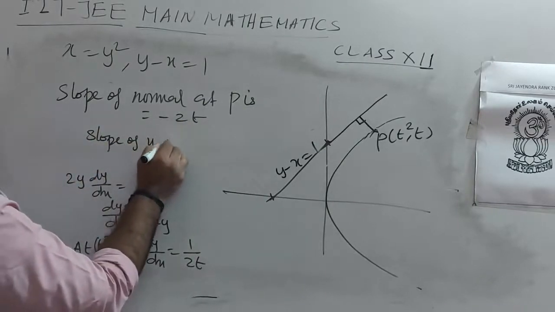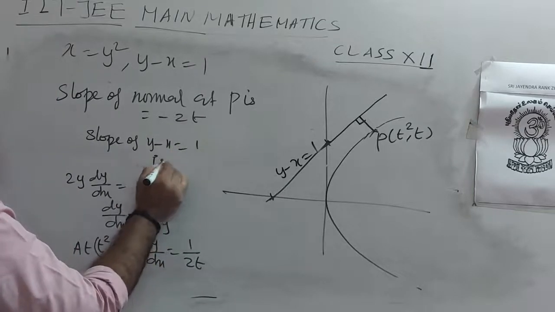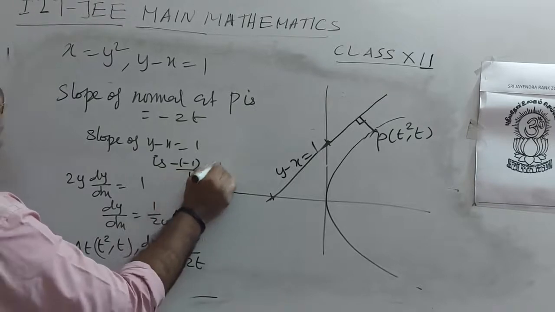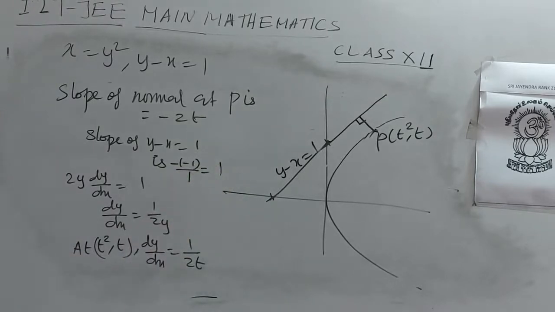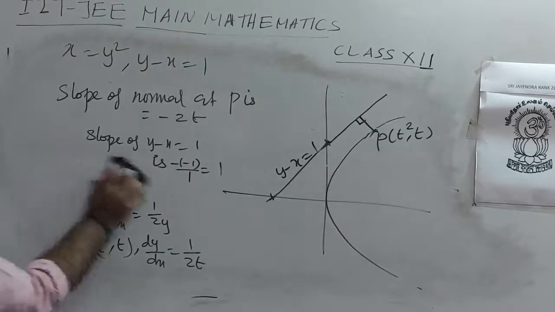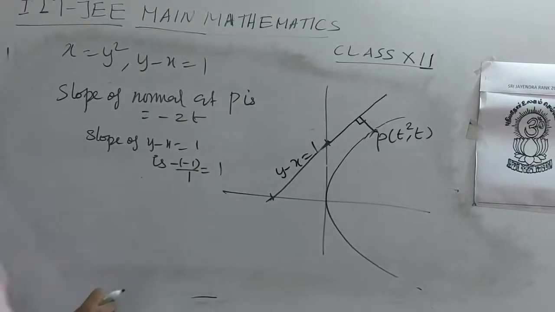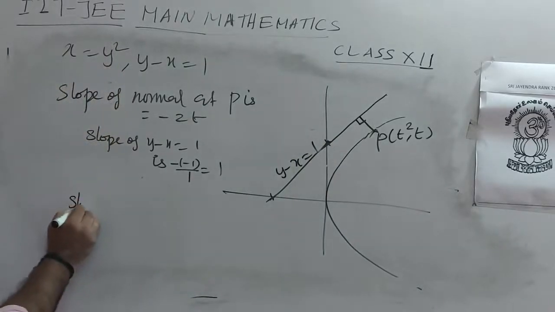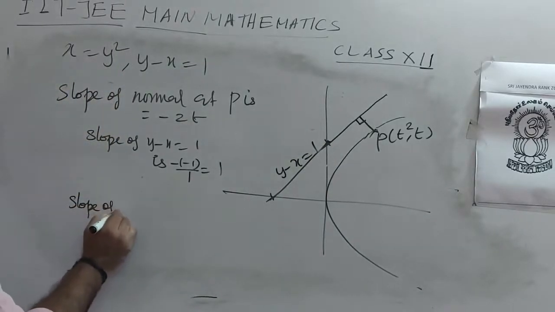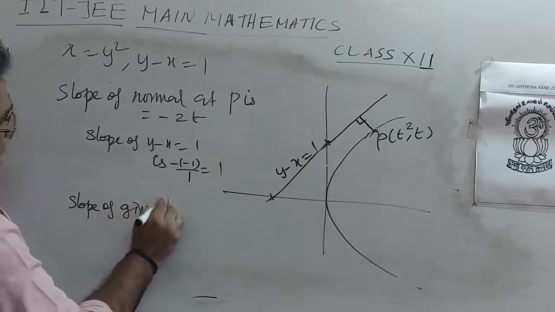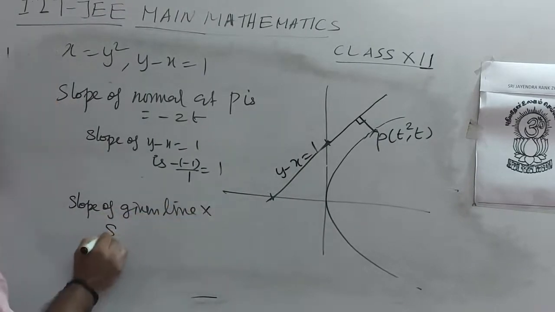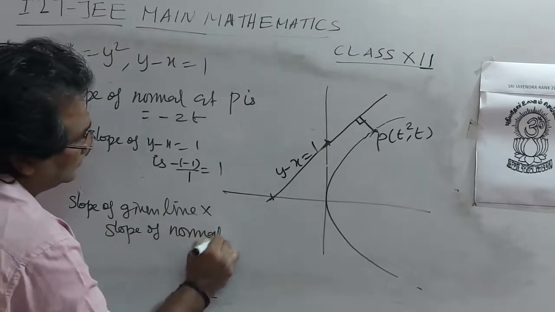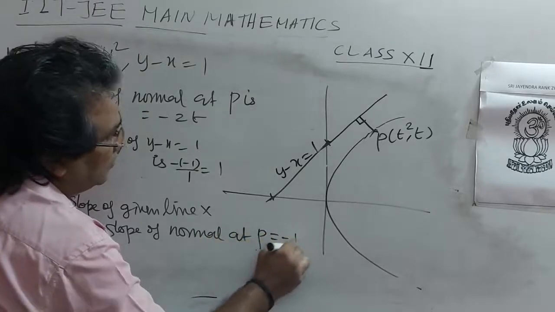The slope of y minus x equal to 1 is minus coefficient of x by coefficient of y, that is 1. In fact, these two lines are perpendicular, so the slope of the line into the slope of the normal equals minus 1.